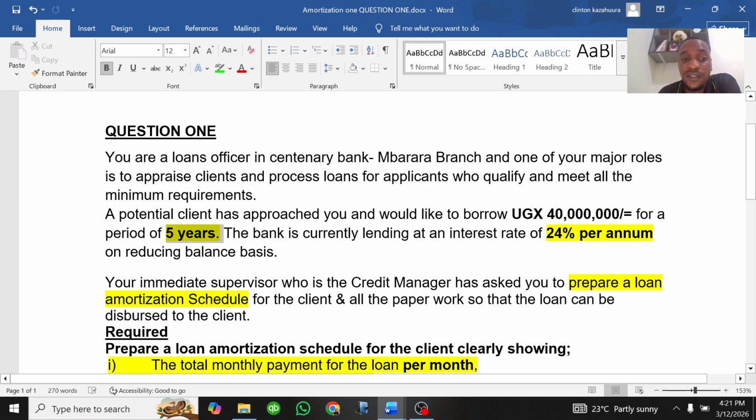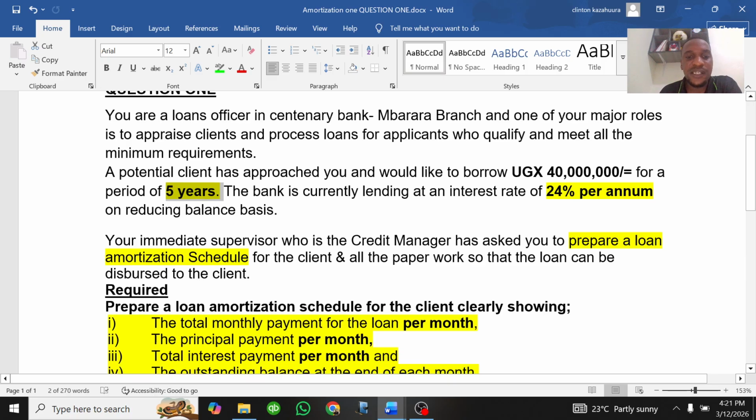The loan period, which is the loan tenure, is 5 years, but the bank is currently lending at an interest of 24% per annum, per year, on reducing balance. Your immediate supervisor, who is the credit manager, has asked you to prepare a loan amortization schedule for the client and all the paperwork so that the loan can be disbursed to the client.